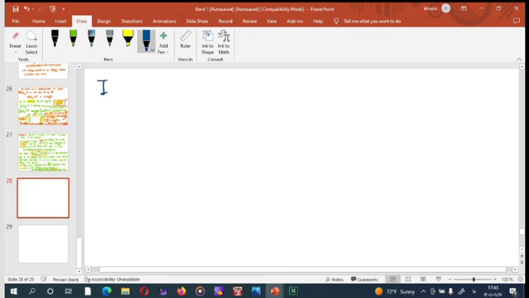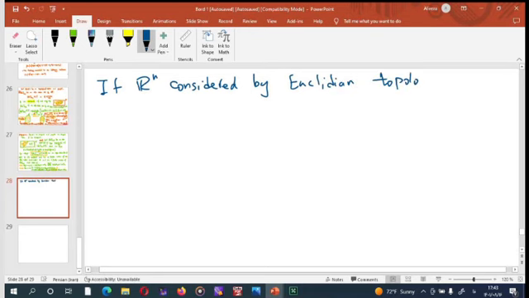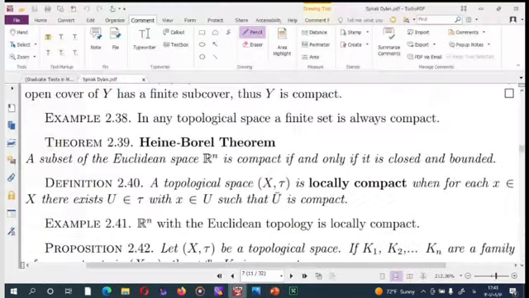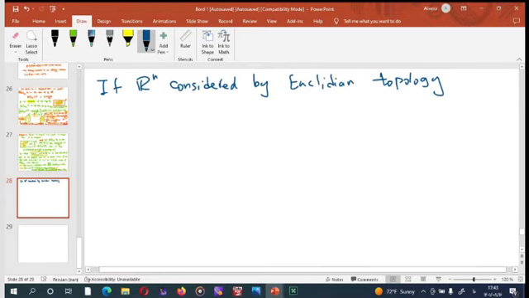If Rn is considered with the Euclidean topology, then we have this property.